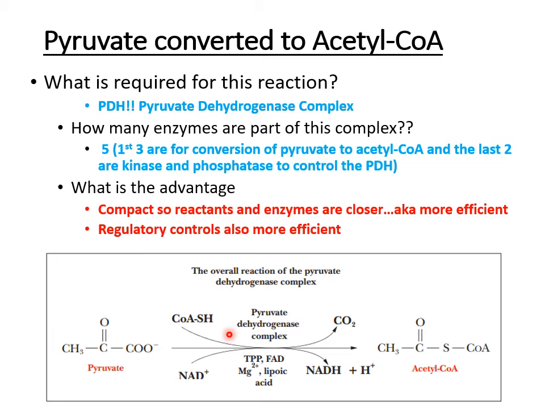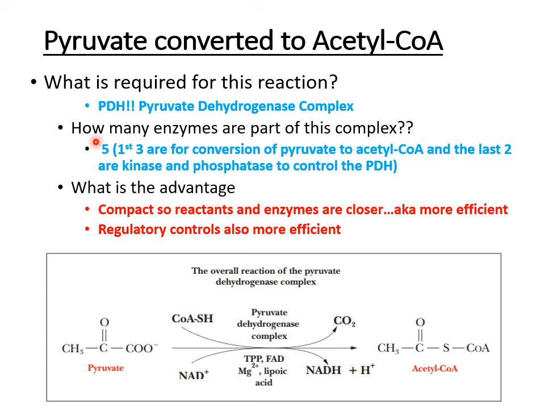The pyruvate dehydrogenase complex will be responsible for this conversion. It's a complex of 5 different enzymes. You're not going to have to know the exact enzymes, which, if we listed them out, would be pyruvate dehydrogenase itself, PDH, as well as dihydrolipoyl transacetylase, dihydrolipoyl dehydrogenase, pyruvate dehydrogenase kinase, and pyruvate dehydrogenase phosphatase.